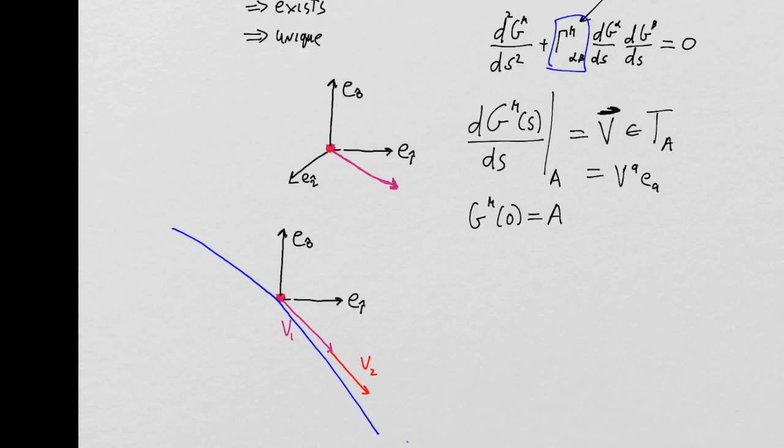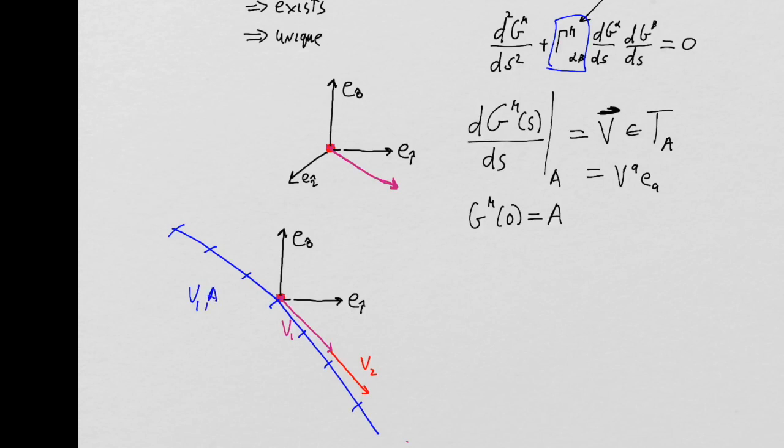And that curve is basically all the same points. But as V1 ticks off values of s along its curve, right? So this curve here is given by the initial conditions V1 and, I'm drawing sideways here, sorry, the initial conditions will be V1 and the point A, right?